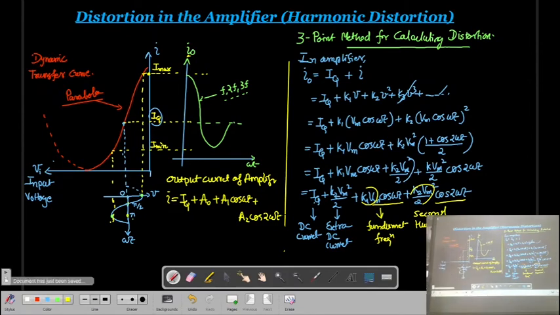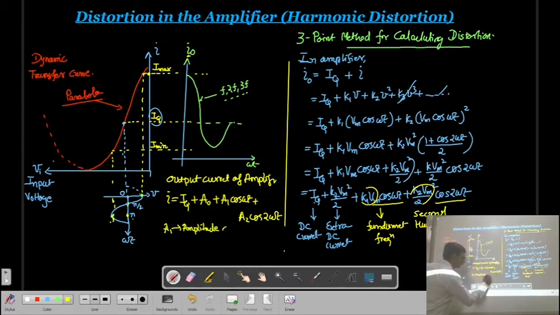Correct? So here what is A1? A1 is representing the amplitude of fundamental frequency F. What is A2?